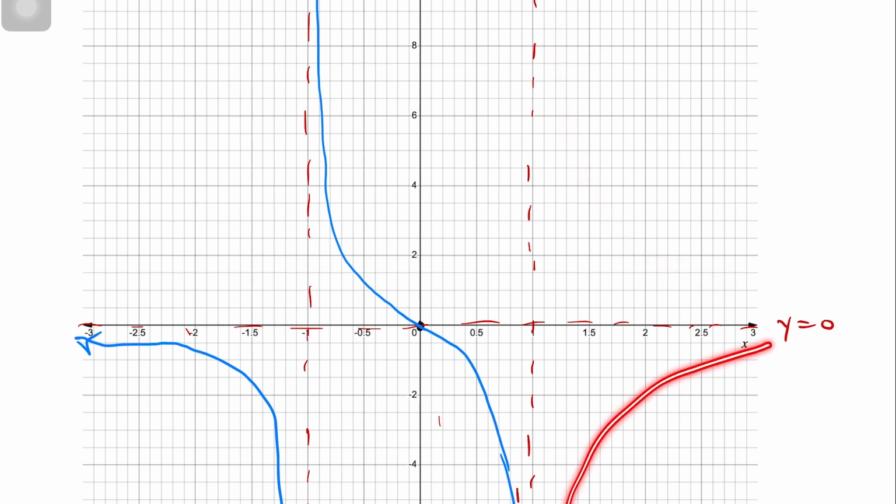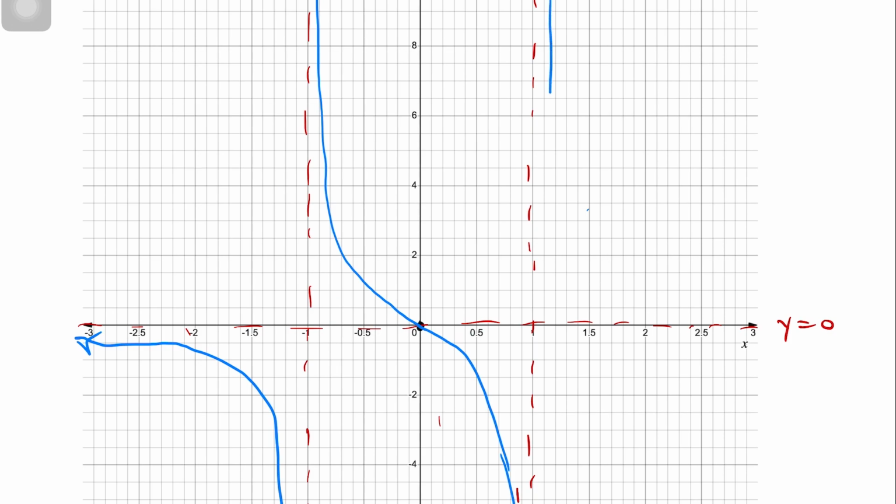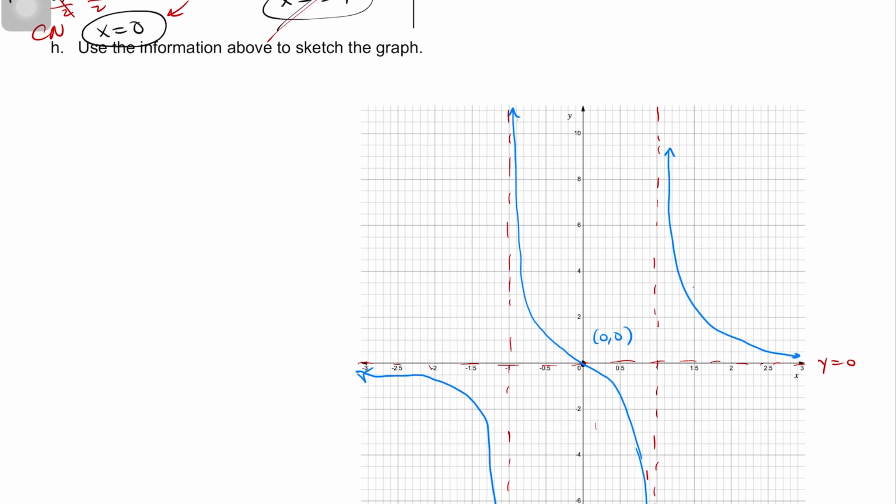If we put it over here, this is increasing and concave down. So that's actually the opposite. So that means that our graph is going to look like this. There you go. And we want to label our most important point.